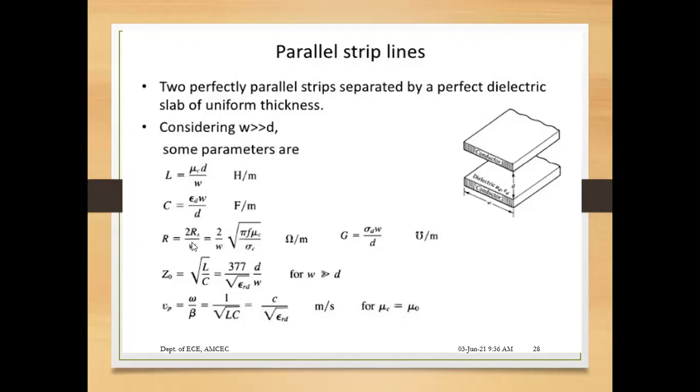Similarly, if two parallel strips here have a surface resistance, which we know is Rs, and the dielectric substrate will have some conductance, the parallel strip line again would have losses.